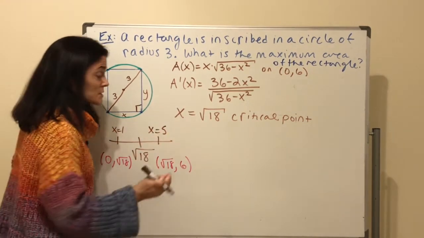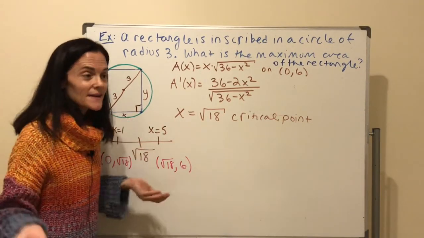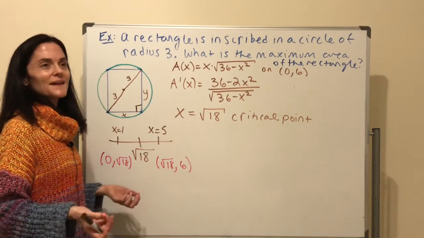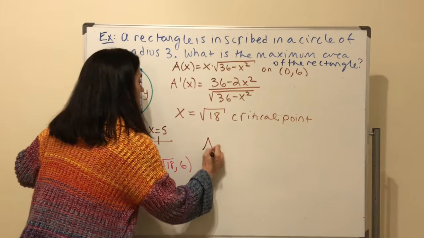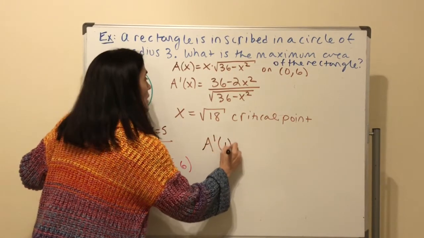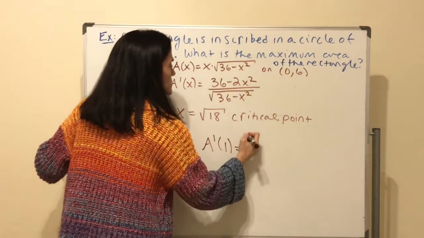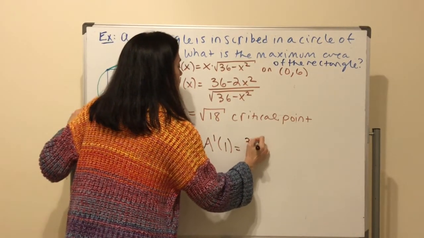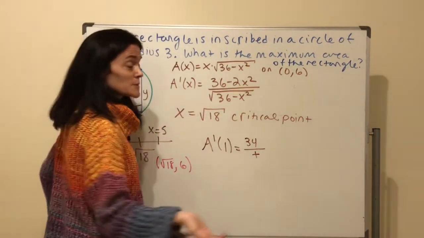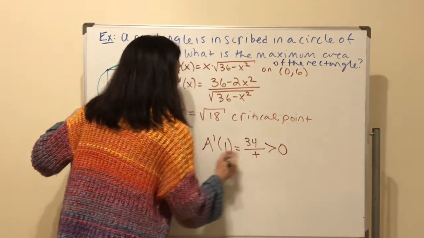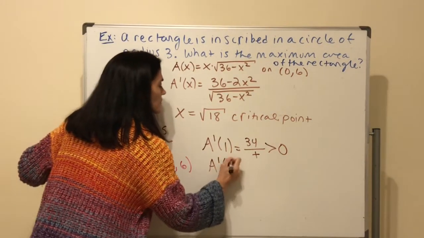This is bigger than square root of 18, well, namely because 5 squared, 25, is bigger than 18. Okay, so A prime at 1, this is 36 minus 2, this is 34, divided by something that's positive, right? The denominator is always positive. So this is positive.